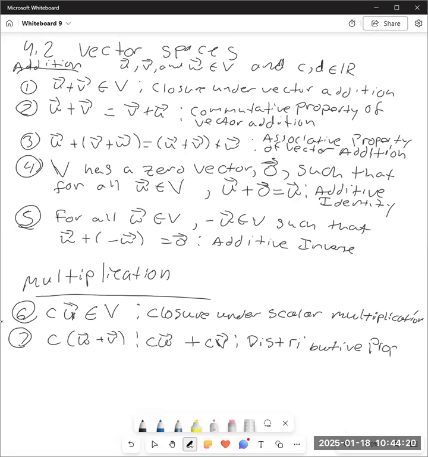But there's another form of the distributive property that comes next, where we distribute a vector from the right over two constants. So C plus D times the vector U is going to be equal to CU plus DU. That's also distributive property.